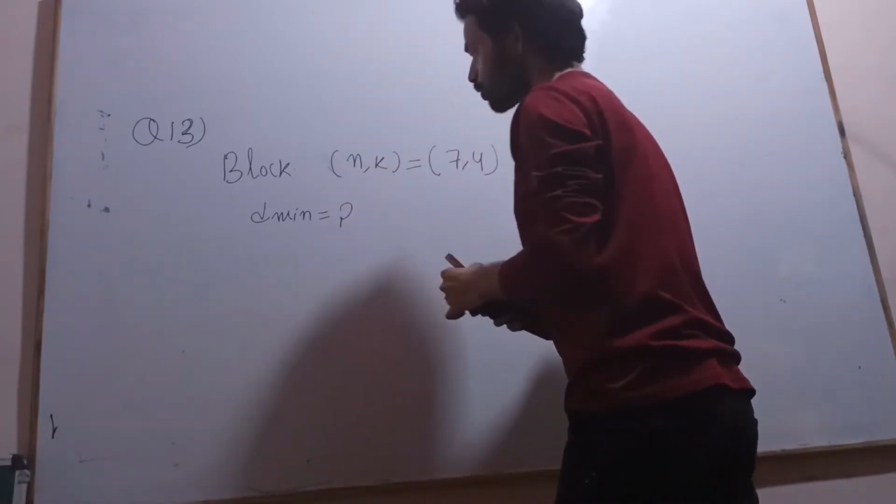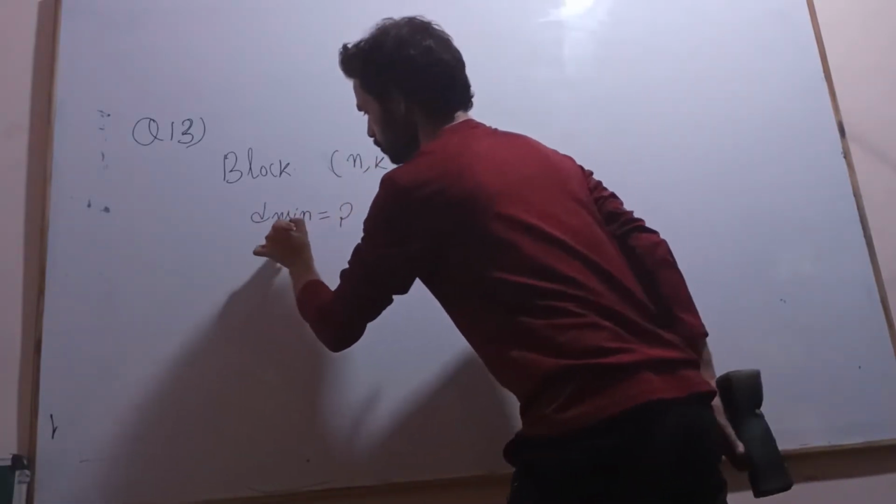Do you know what is block code? First of all, what is this D minimum?